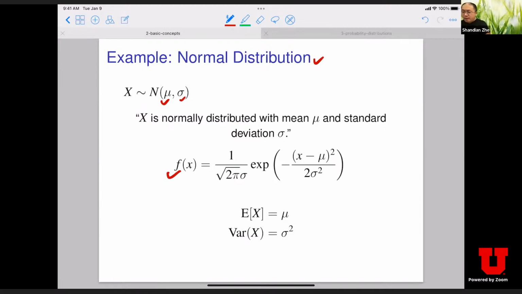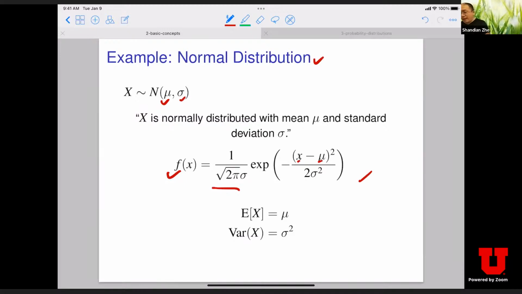The density function of a normally distributed random variable is like this. I suggest you memorize this form because you are going to use it so often. It is an exponential form. In the exponent, it is minus the squared difference between x and the mean, divided by two times the variance. And this factor, 1 over square root of 2 pi sigma, is a normalization factor.